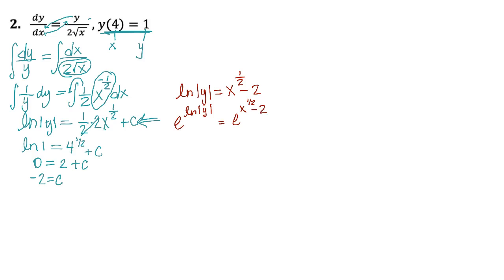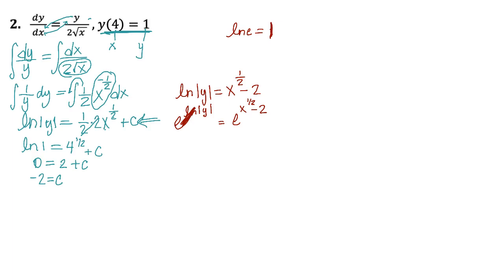And all that e to the power does, e and natural log. What's the natural log of e? It's not just e. It's natural log of e. Close. It's just 1. They're inverses of each other. They knock each other out. And so right here, these are going to undo each other.